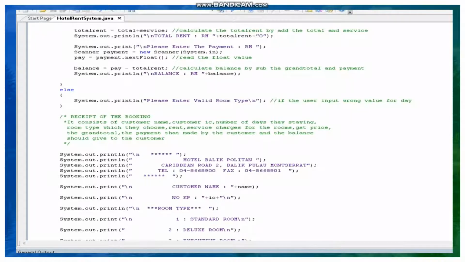Hotel Balipolitan Caribbean, Hotel 2 Balipulau. There's a fax number, telephone number, IC number, and customer name, and there are 3 types of room.